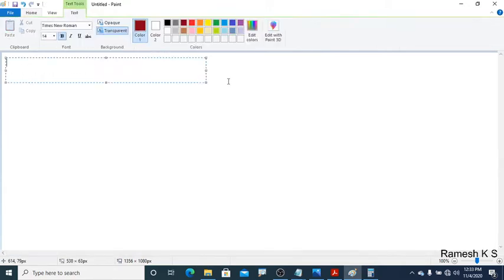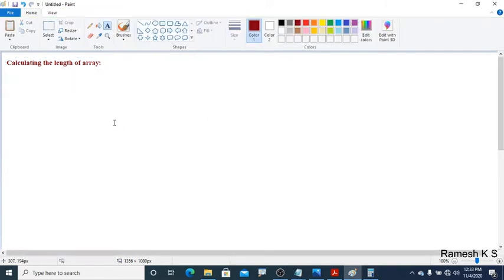I am taking calculating the length of the array.